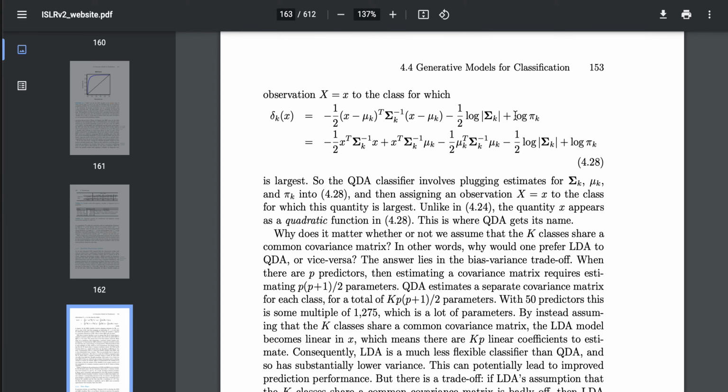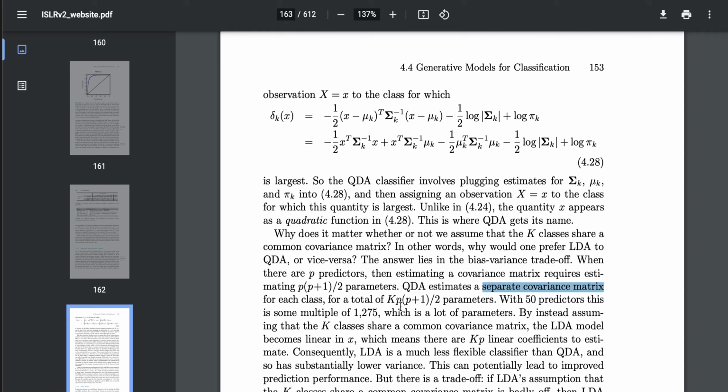So the number of parameters in quadratic discriminant analysis is larger. Why? Because a p by p covariance matrix is going to be symmetric. Therefore, it has p times p plus 1 over 2 parameters for each of the covariance matrices.